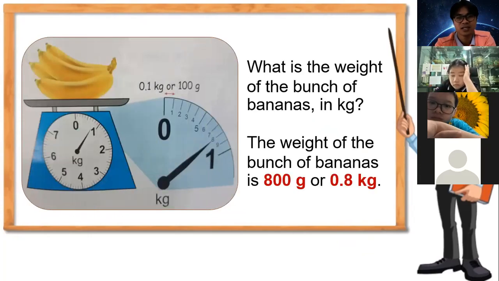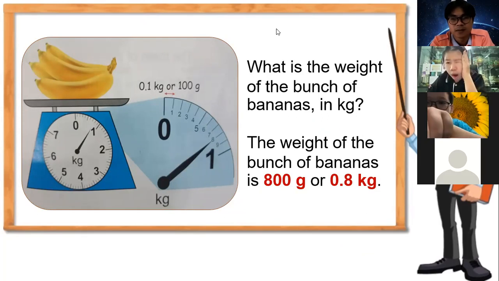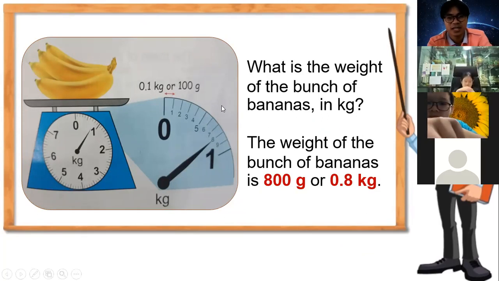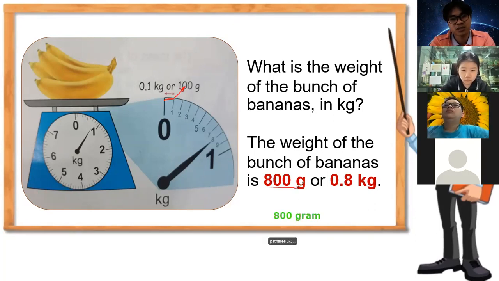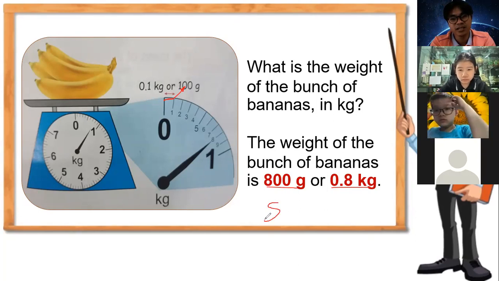Another one here. What is the weight of the bunch of bananas? So as we have learned already, it is 800 grams, or 0.8 kilogram, or 8 kids.